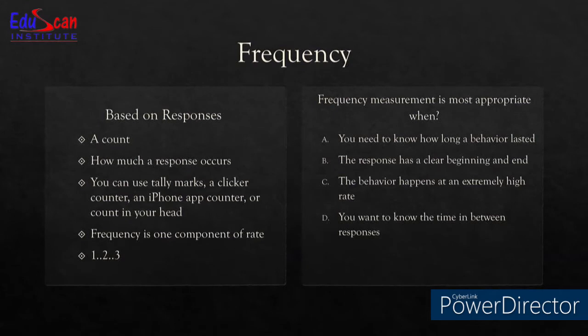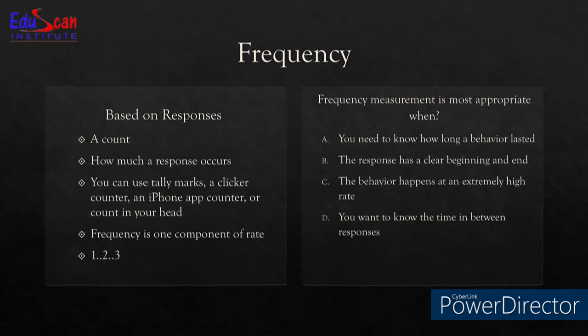Frequency is the simplest and the easiest to understand. It is based on the number of responses because you're simply counting how many times something occurs. If I touch my nose 5 times, the frequency is 5. If there are 3 tantrums during your session, the frequency is 3. Very straightforward.